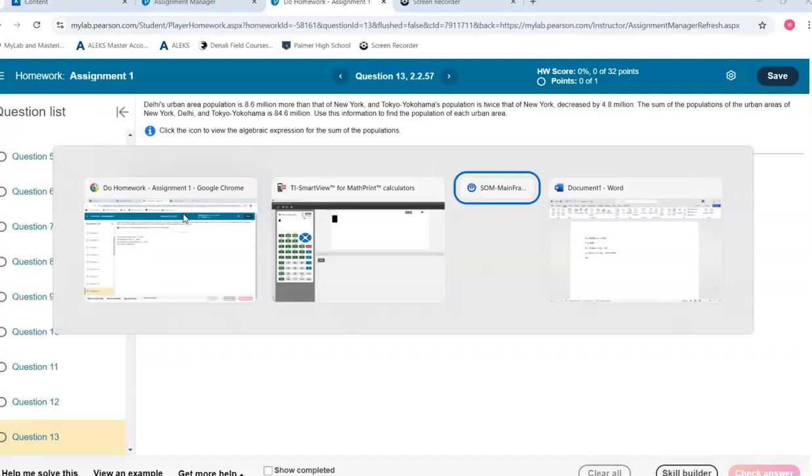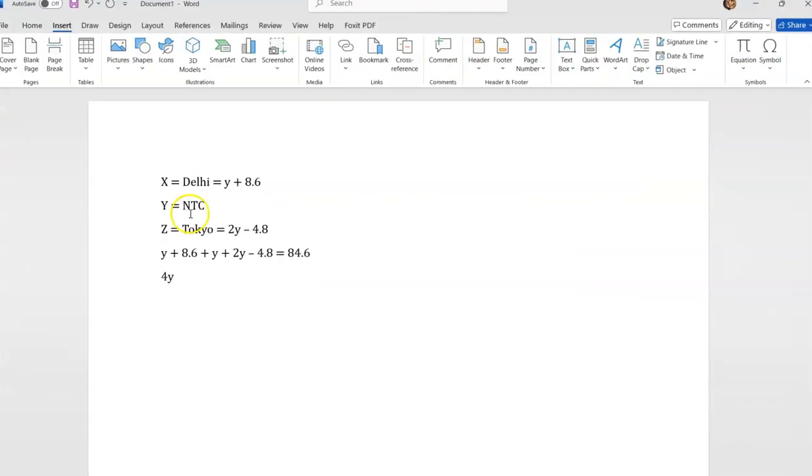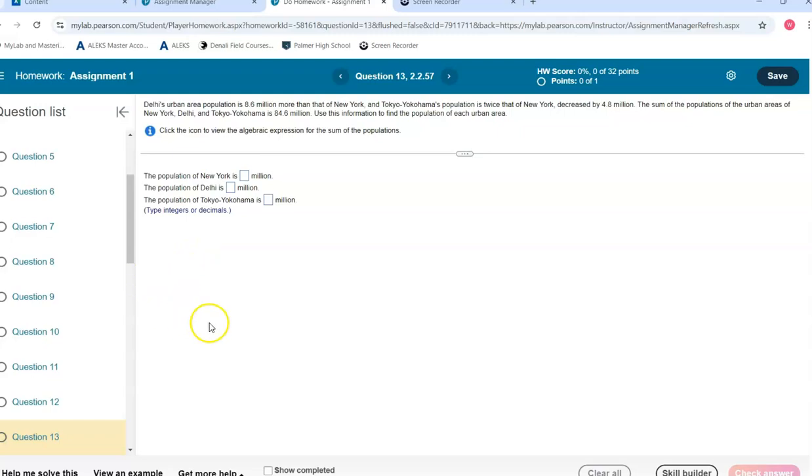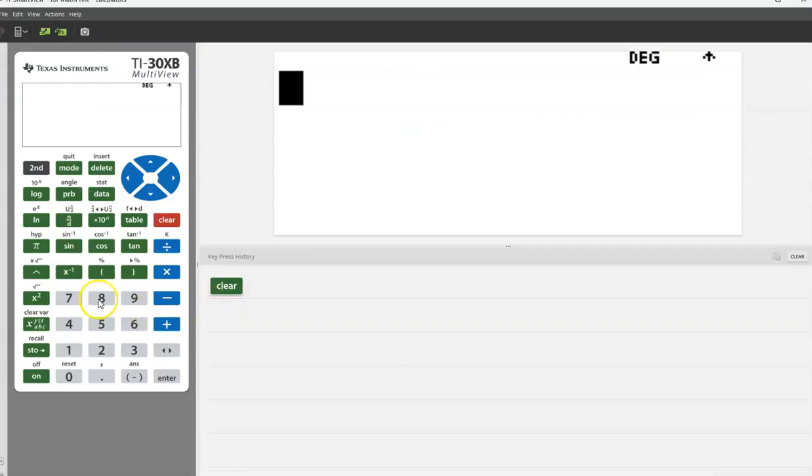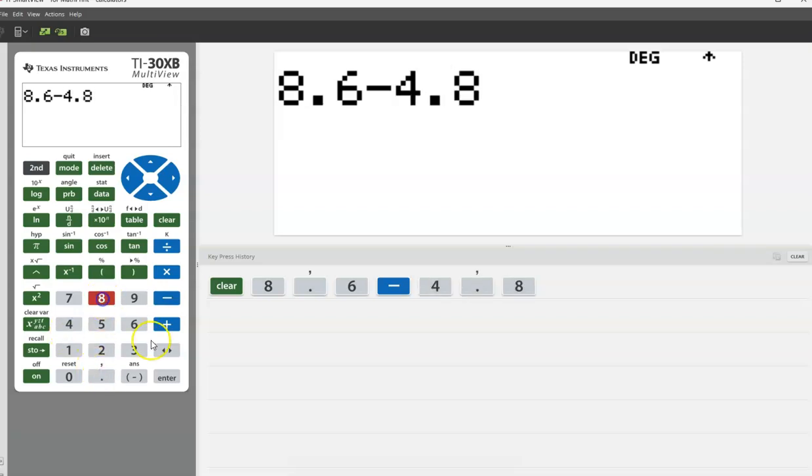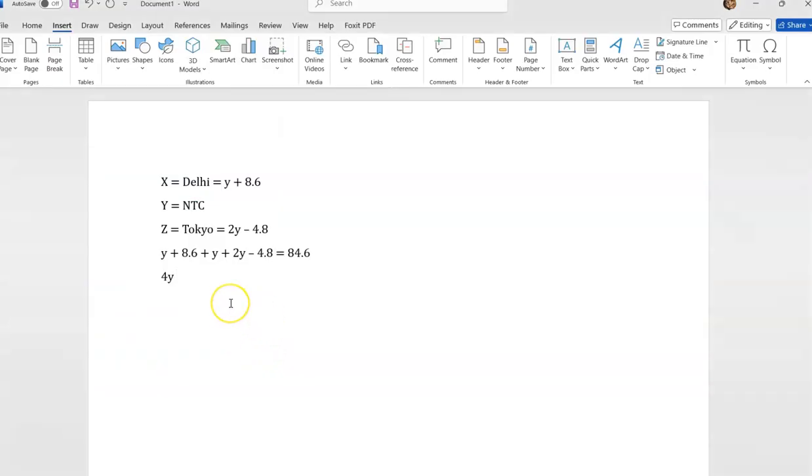Okay, so I'm going to do 8.6 minus 4.8, so I'm left with 3.8. So this is plus 3.8 equals 84.6.